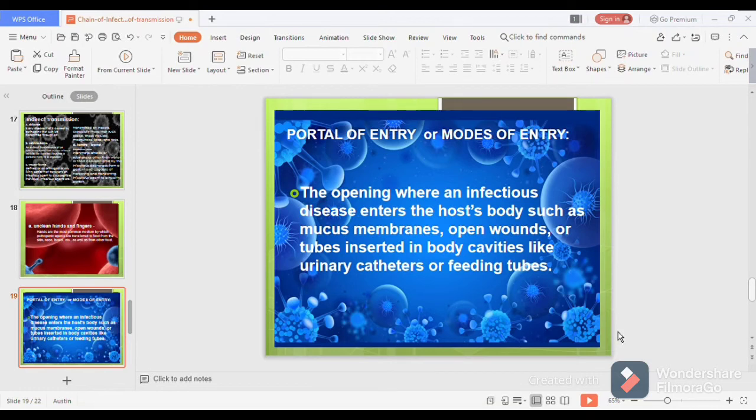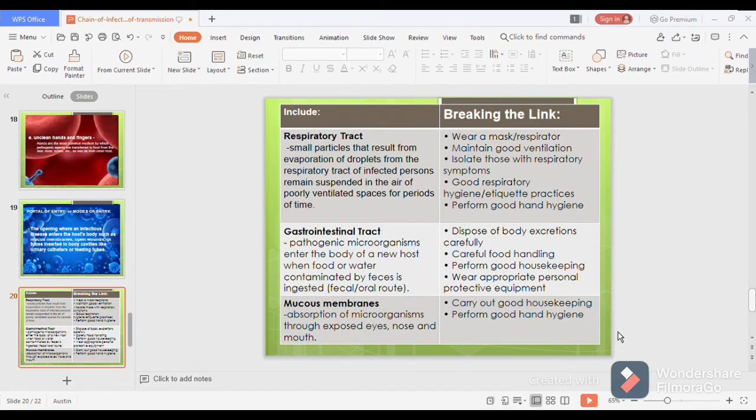And the last one is the respiratory tract. Small particles that result from evaporation of droplets from the respiratory tract of infectious persons remain suspended in the air, in poorly ventilated spaces for periods of time. So, ang respiratory tract is ang tao na siya problema sa iyang respiratory system, mas dali lang siya mag-reproduce ang mga bacteria sa iyang body, which is makapahina sa imuhang lawas.